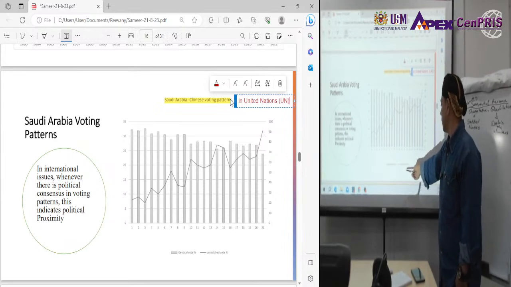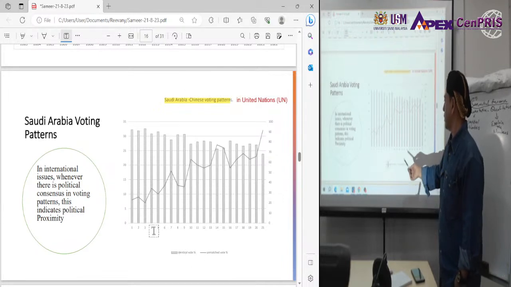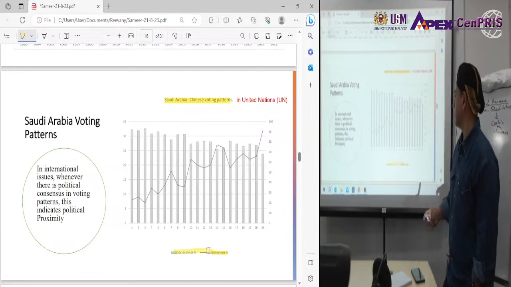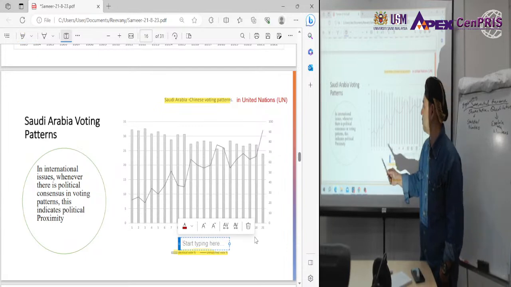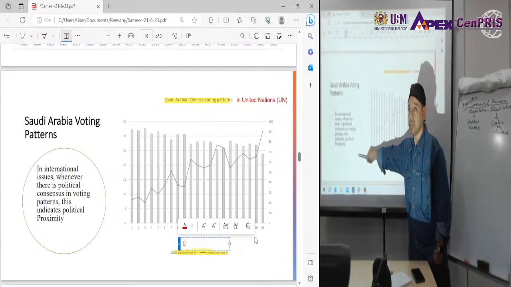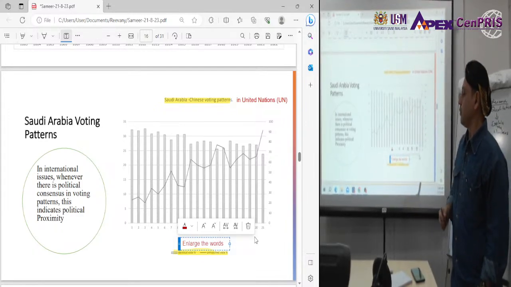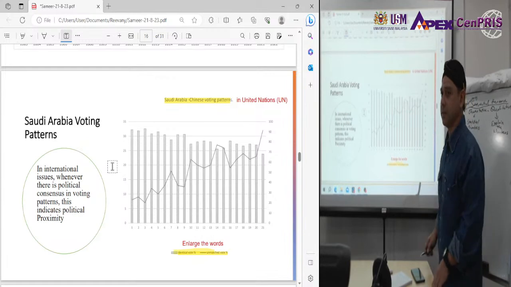Identical votes, unmatched votes. So enlarge this so this one can be seen as well. Make sure it's large. On international issues, whenever there is political consensus in voting pattern, this indicates very good proximity. This is a good explanation. Whenever there's a shift of voting behavior, that shows political proximity.